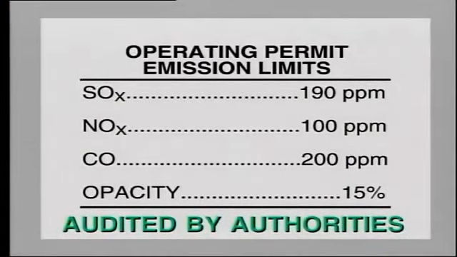without prior notice. But what are these pollutants and where do they come from? Well, the source of most pollutants is in the fuel itself, as we'll see in a moment.